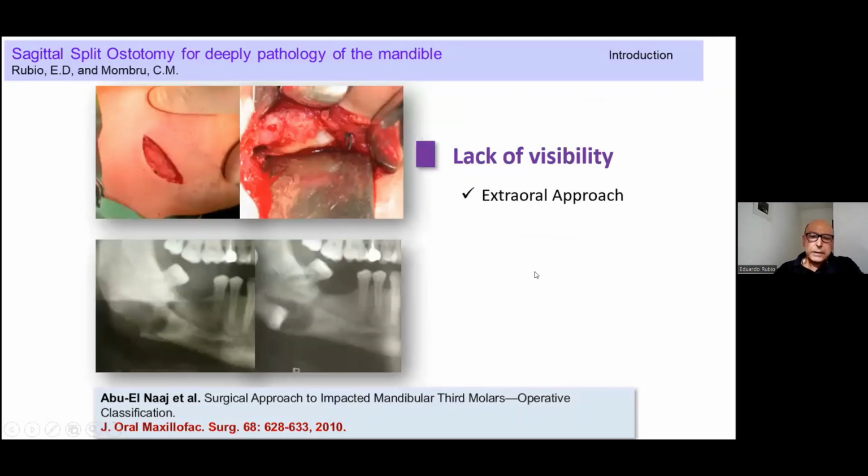The lack of visibility could be solved by doing an external incision, but you add other possible complications, scar and facial nerve damage when the pathology is so deep.